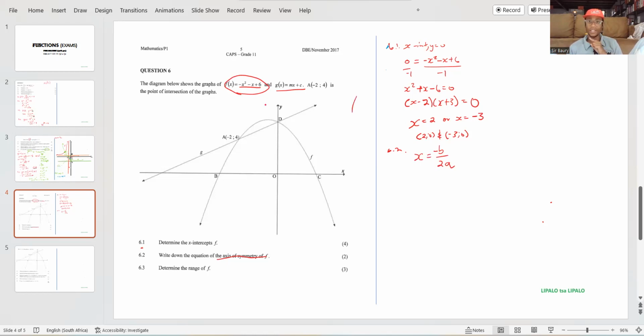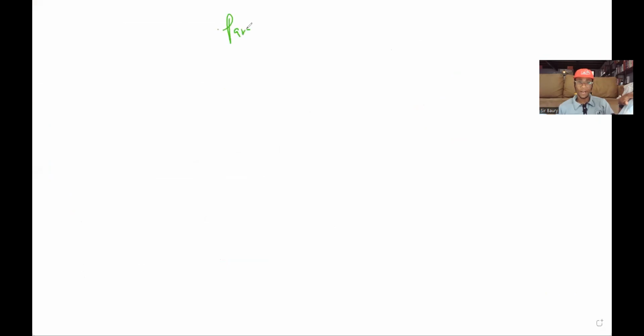This equation is very special. I need to actually explain this thing. Turning point. Parabola. The turning point is very special. The x coordinate at the turning point: if you're given the equation y is equal to ax squared plus bx plus c, to get the turning point, you use this.